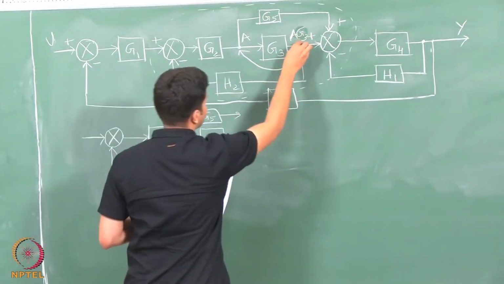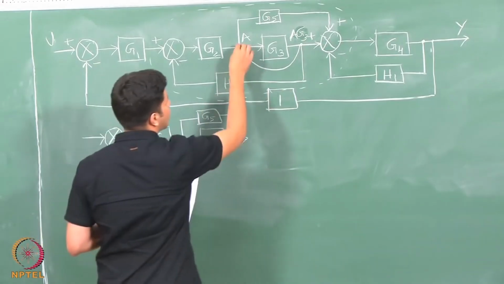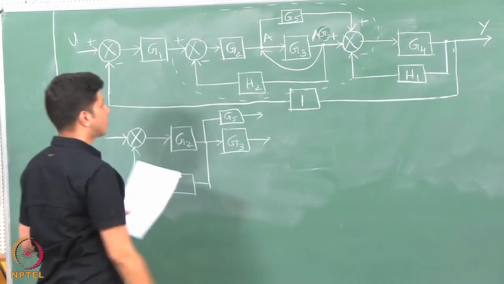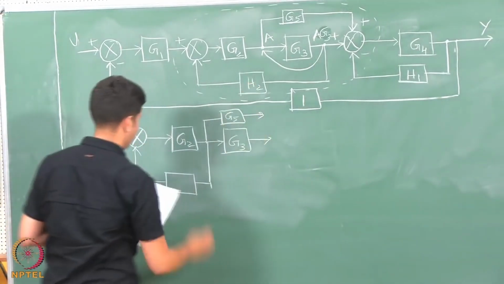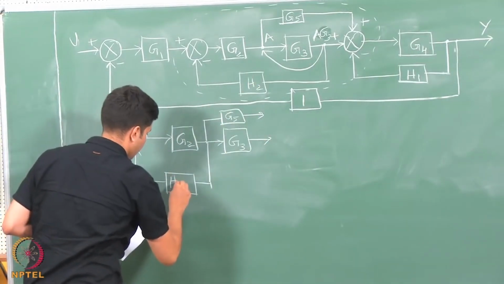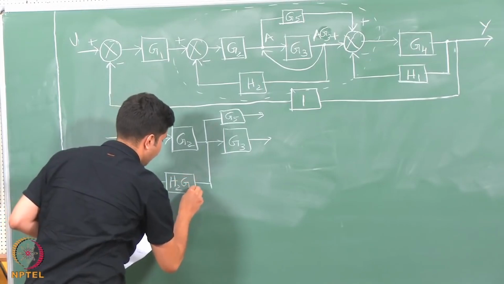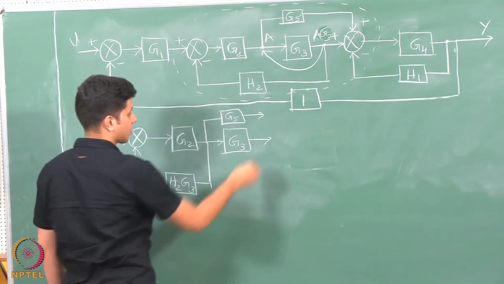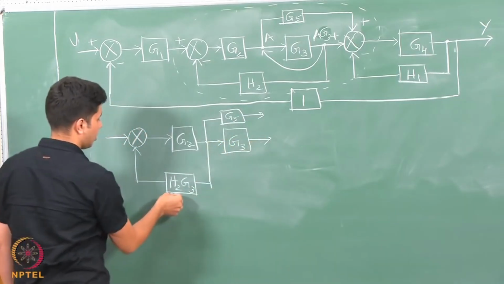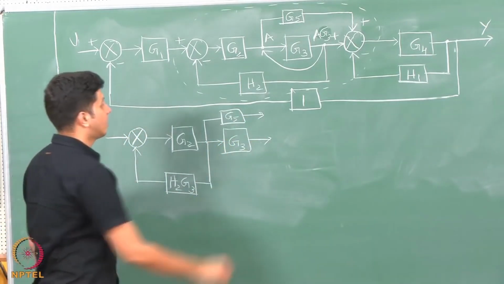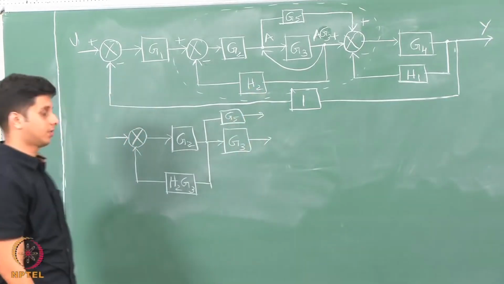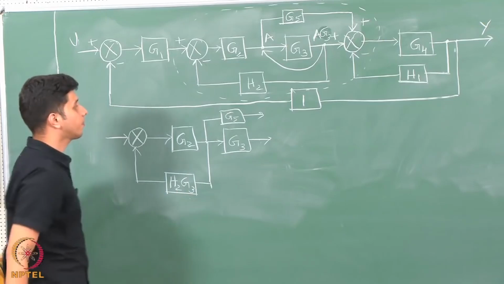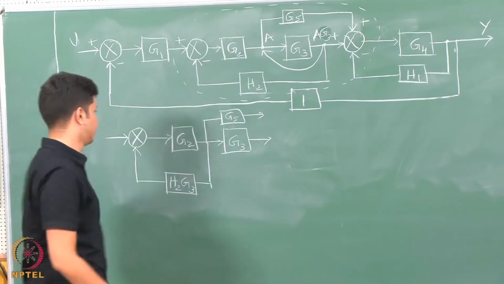Now if I shift this from here to here, I will be getting only A. I will be losing out on this G3. So what I will do is I will put it here, H2 times G3. So whatever gain I lost by shifting this point to here, I will be compensating by including it in the feedback transfer function. So this transfer function is now H2 G3 and everything else remains the same.